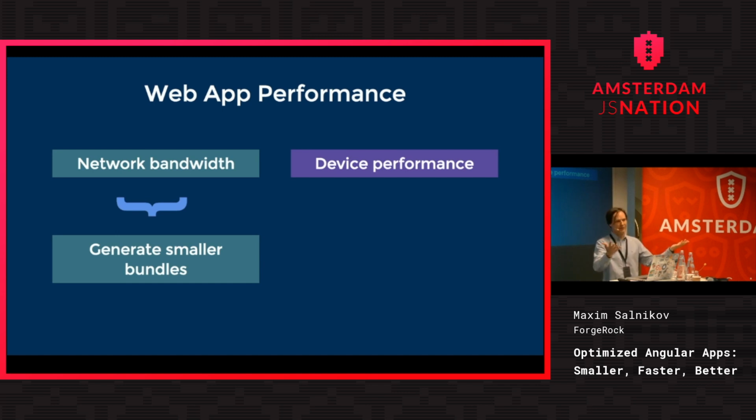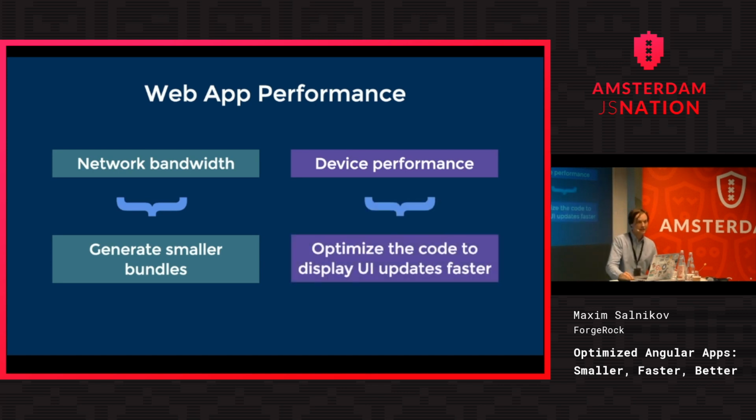We try to make our bundles smaller, right? This is just the very first approach. And about the device, we try to make our code better, in a wide sense again. In the best case, to deal with network bandwidth, we just don't use the network at all. So this is our dream. And about the code, our dream is to not run any kind of code. This will be the fastest option.